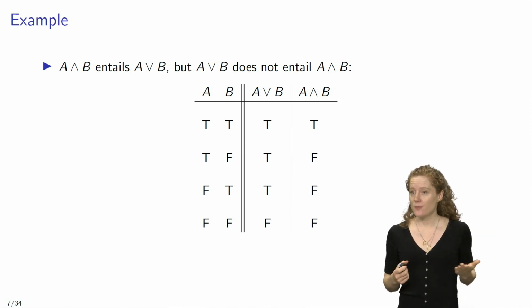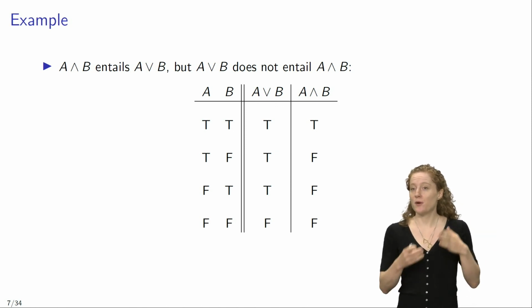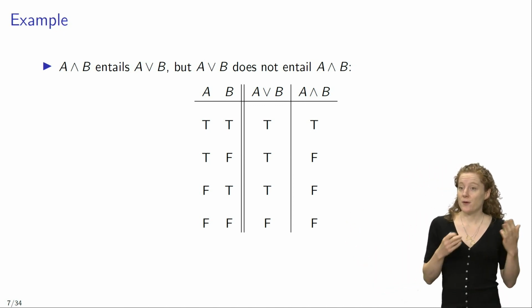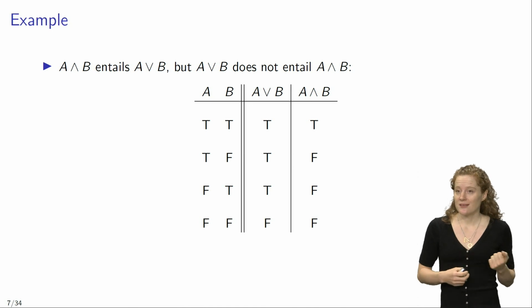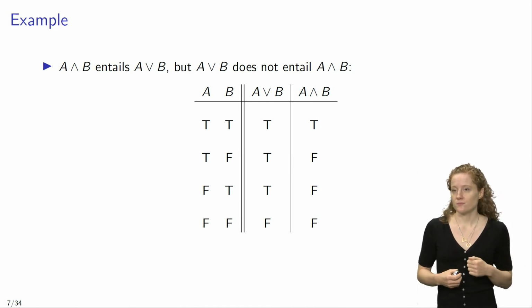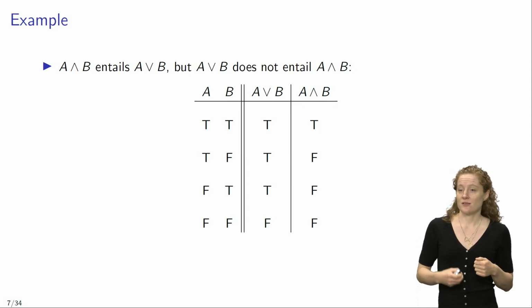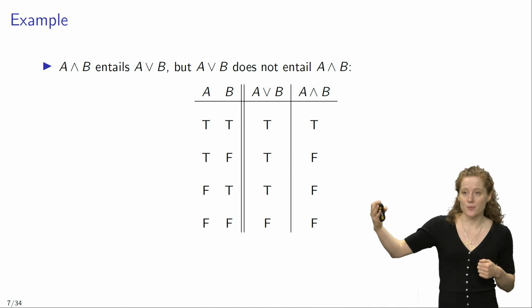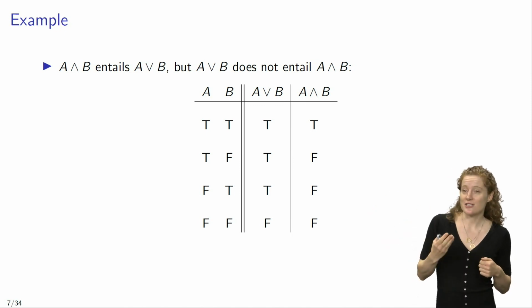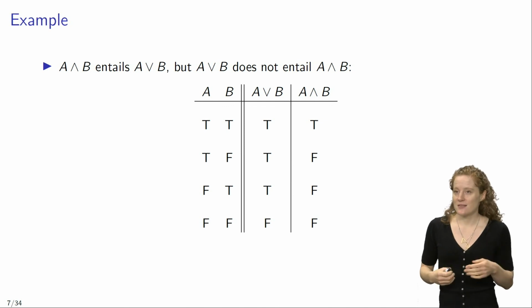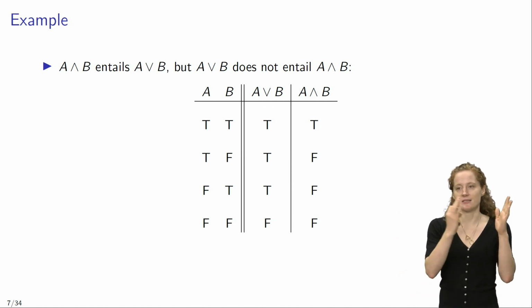So A and B is true if and only if both A and B are true. And now when both A and B are true, the disjunction A or B is also true. And so that means that on every valuation on which the conjunction A and B is true, the disjunction A or B is also true. And that means that the conjunction entails the disjunction.